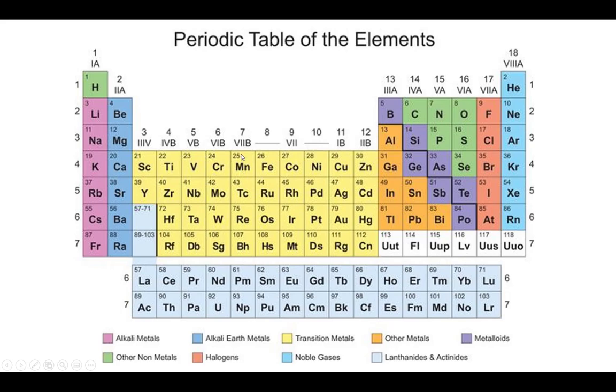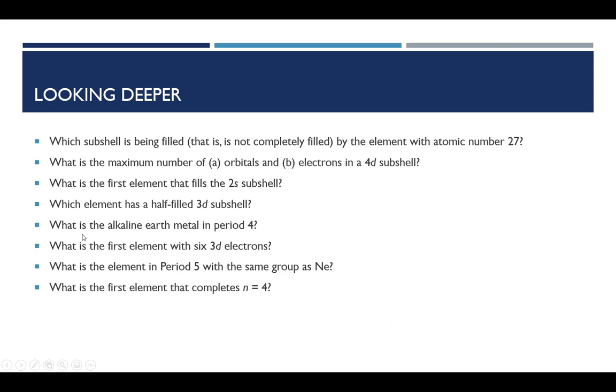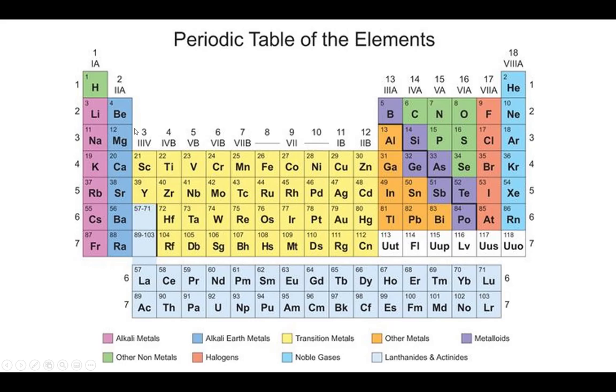It would be manganese. What is the alkaline earth metal in period 4? The alkaline earths are group 2A. So we need to find the element in period 4, group 2A. So here's group 2A, and here's period 4, so that element would be calcium.